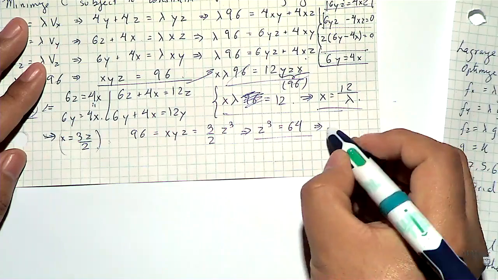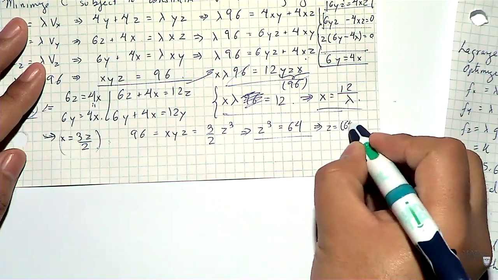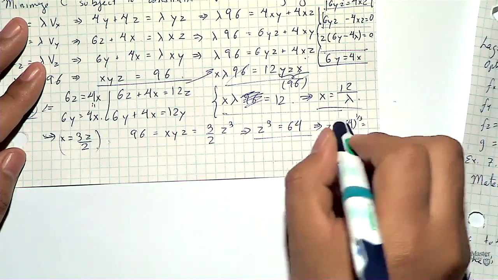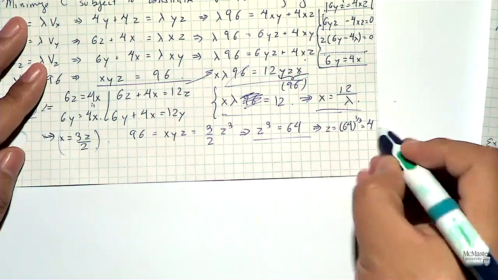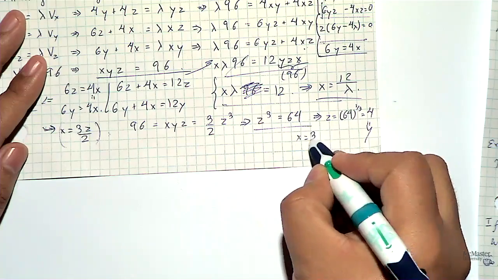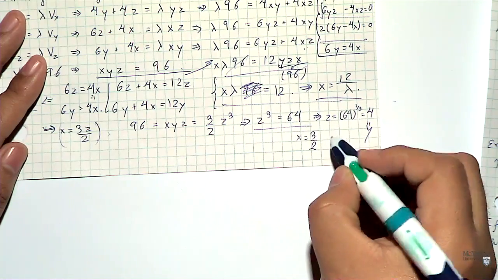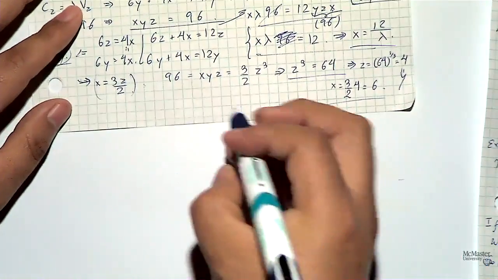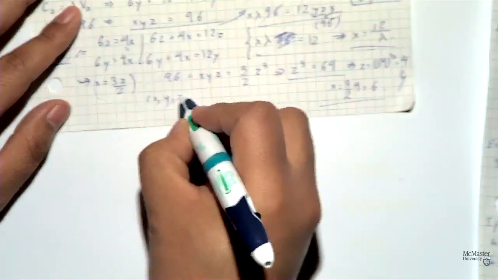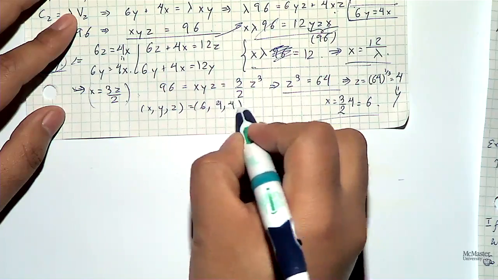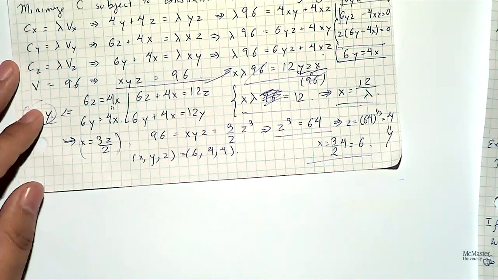And that would mean if I take the cubic root of 64, basically you have 4. So that would mean that y is also equal to 4, and then x is equal to 3 divided by 2 times 4, so 6. So you would have x, y, z equal to 6, 4, 4. You could solve also for the lambda.